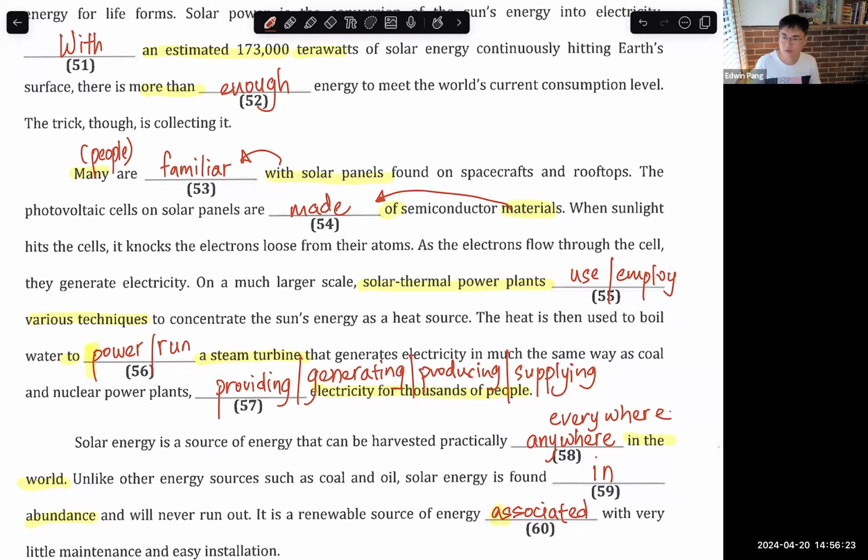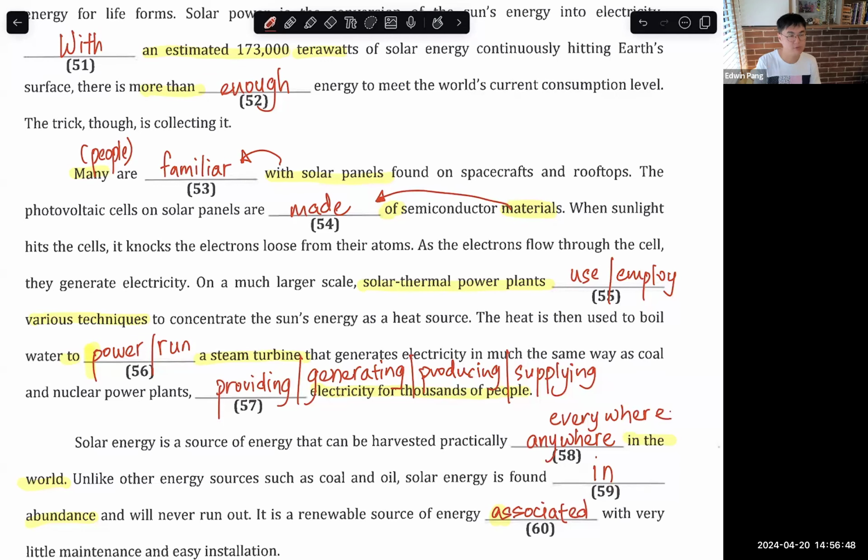A renewable source of energy along with very. No. I don't understand the along. The structure doesn't make sense at all. It's not even grammatical, so it doesn't work. Installed with, I don't understand. The source of energy is not installed. You must make sure that your verb is able to work with your noun. Your noun is the renewable source of energy.